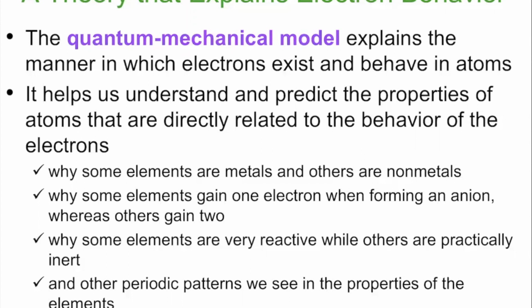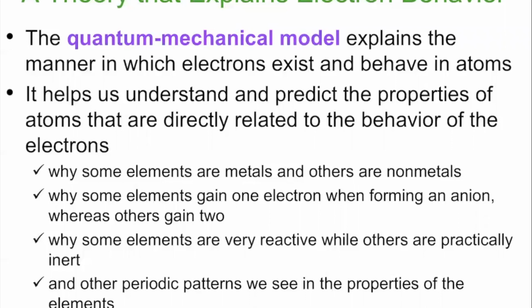This model is going to explain why we have some elements that are very reactive and others are not. It's going to give us an overall bigger picture of what's going on, and explain why some elements go together perfectly and some do not interact.